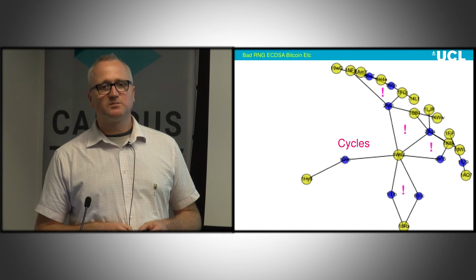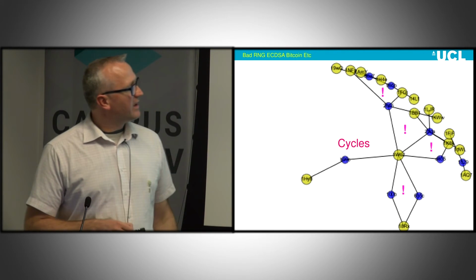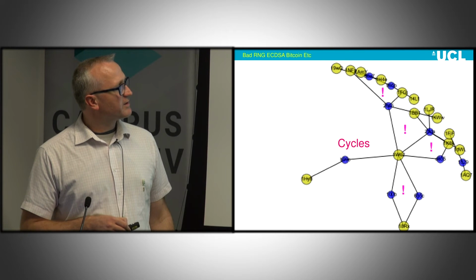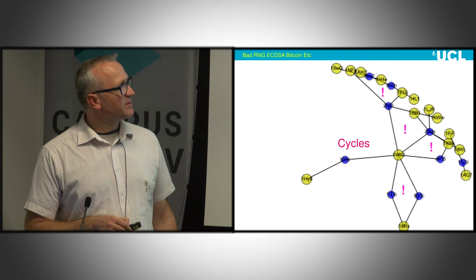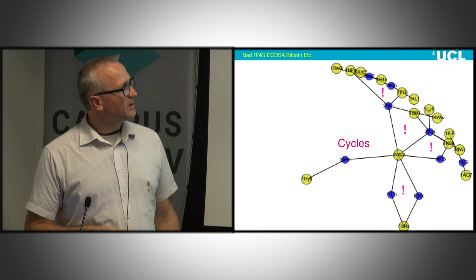Can you explain again what the nodes represent and the edges? So on this graph, the yellow nodes are the users. And these are the random numbers they have used, or the visible part of it, which is the R part. So if this user has used this random in the blockchain, they will be connected.